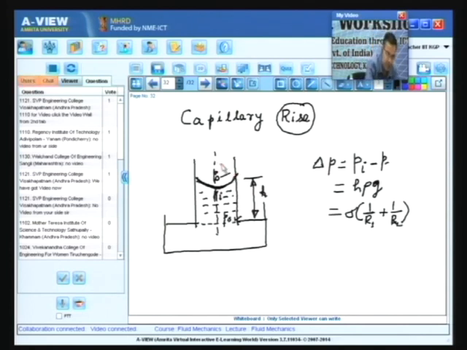So, let us say that the radius of the tube is small r, and the radius of the imaginary sphere of which this meniscus is a part is capital R. So, this is 2 sigma by capital R. Now, we have to relate capital R with small r. To relate them, we make a simple geometrical construction.